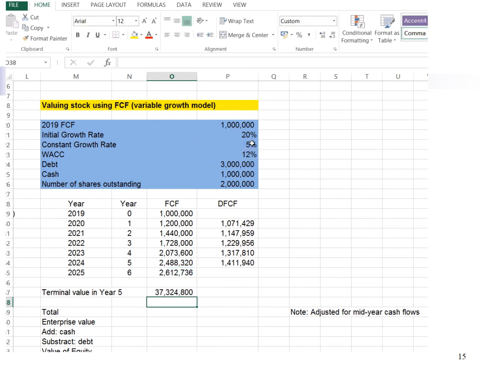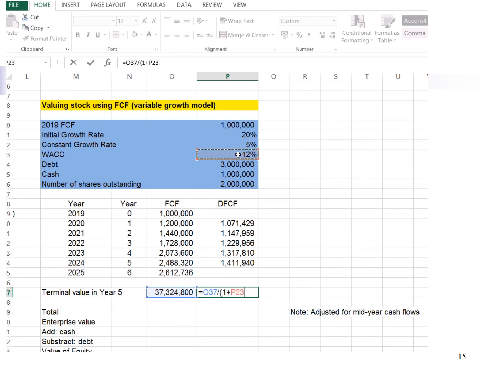And this is the terminal value in year 5. For this figure, I shall discount it into present value as well. I will type equal the terminal value divided by 1 plus WACC, close bracket, power of 5. And this is the discounted present value for the terminal value in year 5.